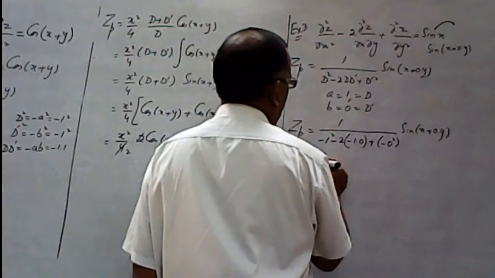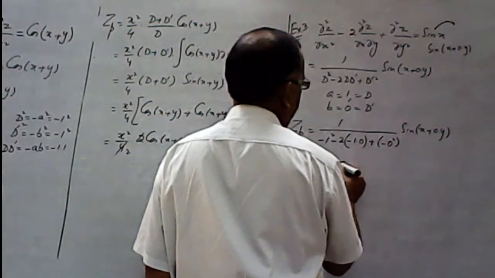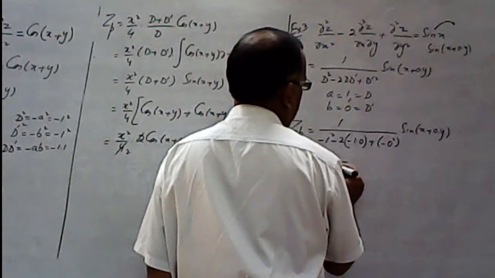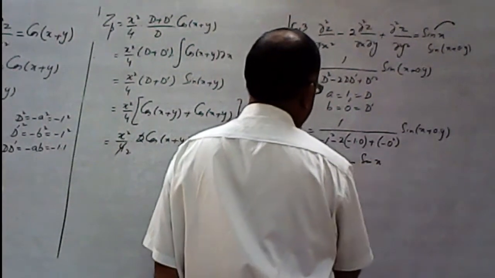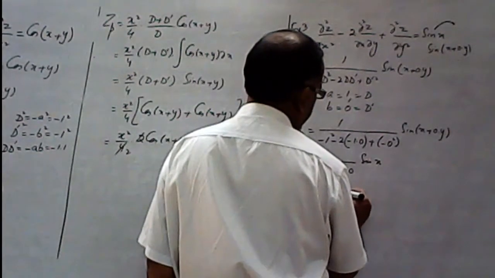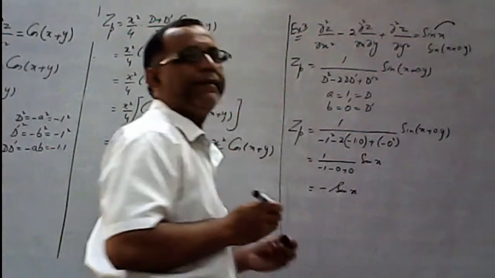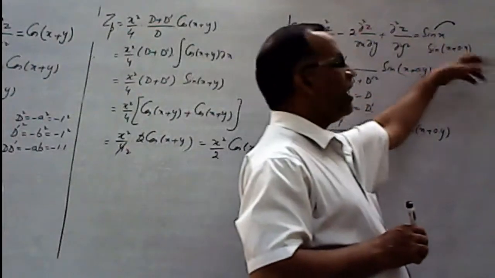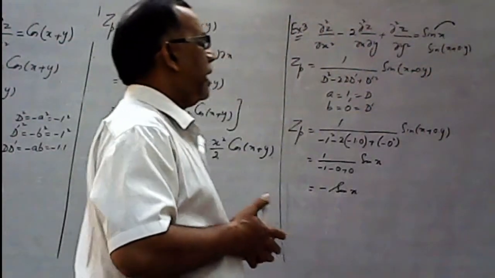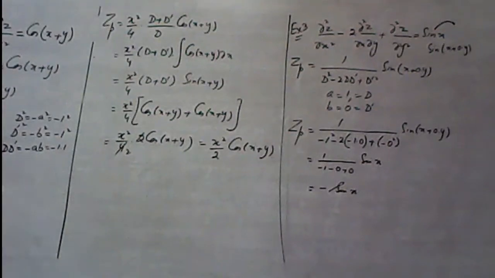So it becomes 1 over minus 1 minus 0 plus 0, and this is sine x, so we simply have minus sine x. So this is the way: if you do not have both x and y in the angle, then if x is there, it means the value of b is 0, and if only y is there, it means the value of a is 0.